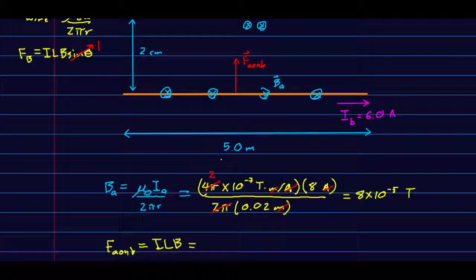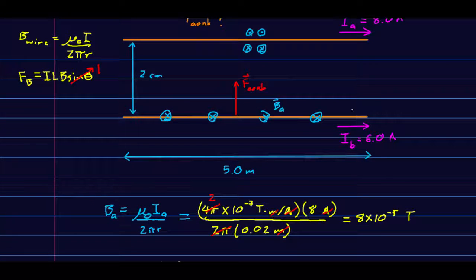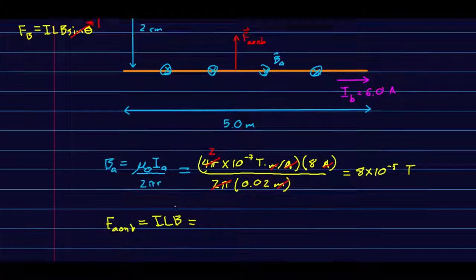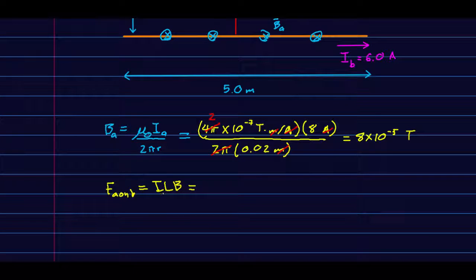And the relevant I now, this is the current in the wire that is responding to the field, and so this is IB. And so we have 6 amps times this length of 5 meters times our 8 times 10 to the negative 5.